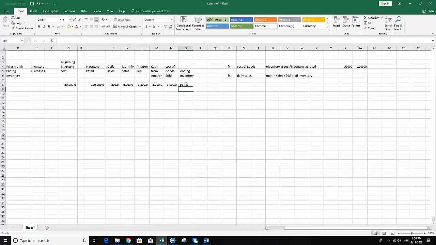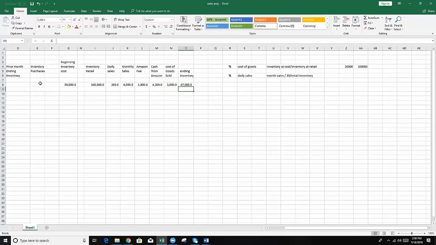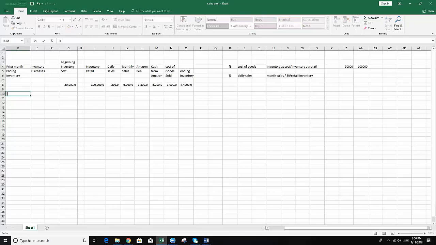That's how you build the formula. You have to put the equal sign in. Then your ending inventory from the prior month comes over here, so if you want to skip a line in between, this would equal O8. That's how your formula is.